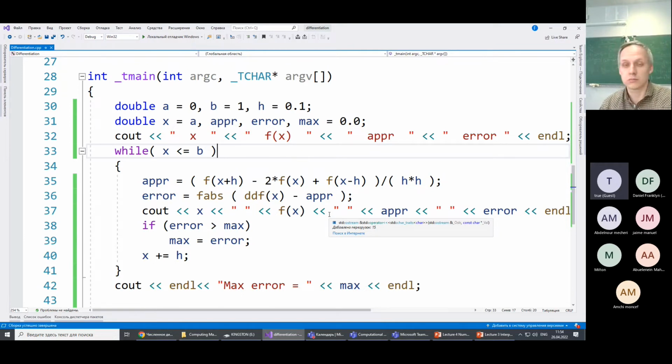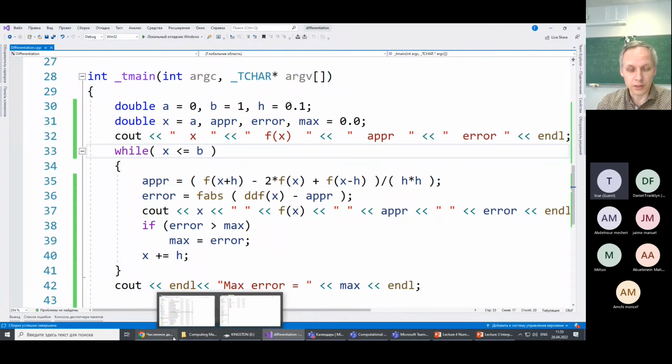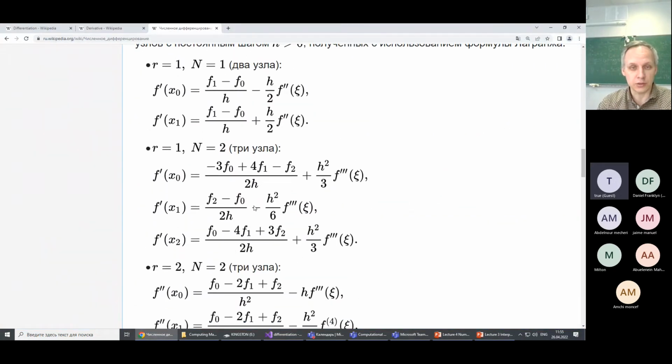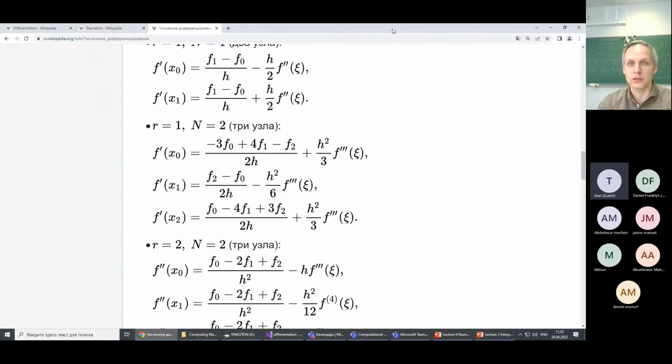Any questions about formulas for numerical differentiation? No questions. Well, let me remind you again that the information about numerical differentiation you can find in the books that I sent you on the first lesson, or you can find in Wikipedia. You can find all of these formulas.